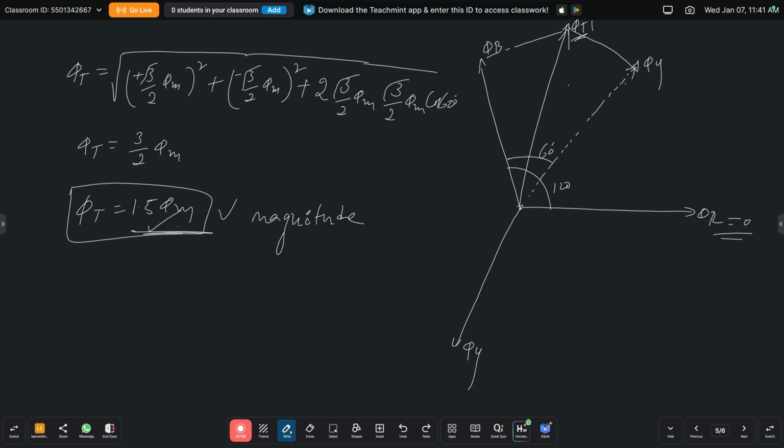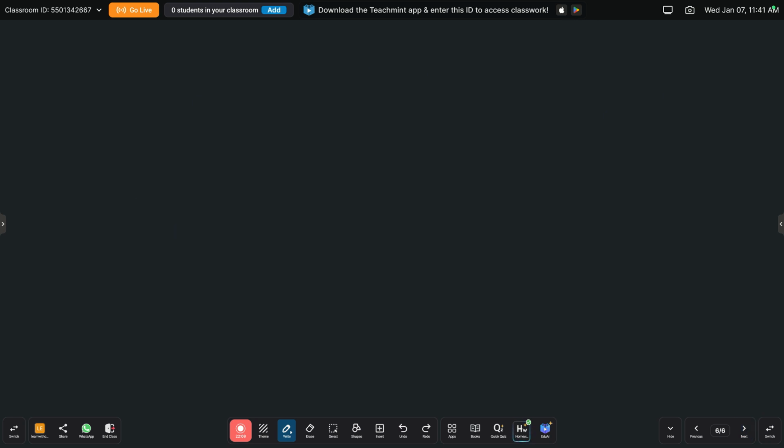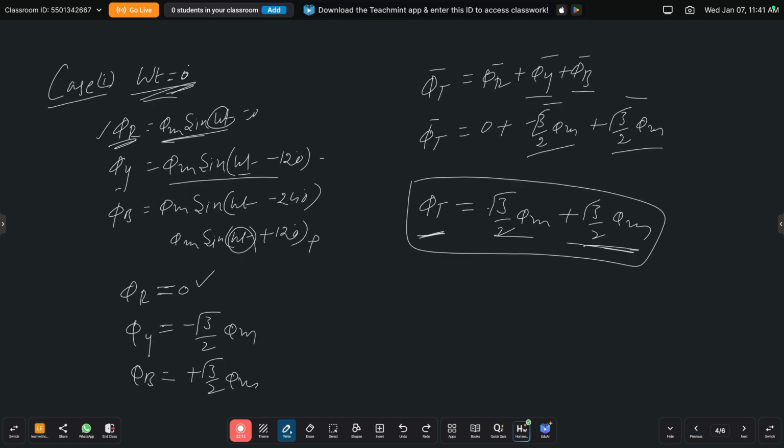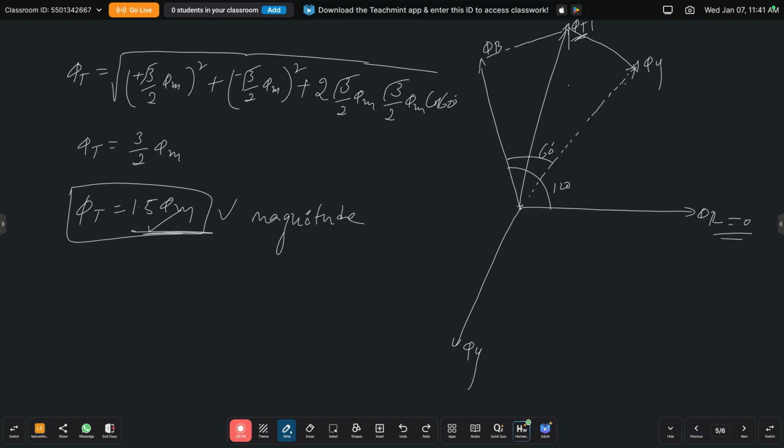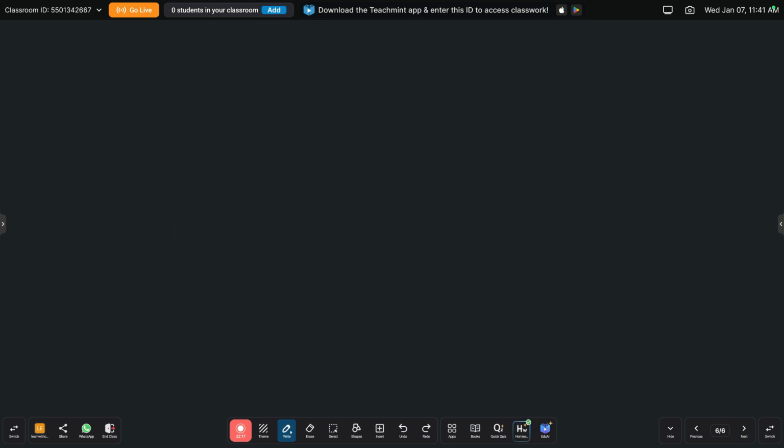So take case 2. Case 2: take omega t equal to 60 degrees.